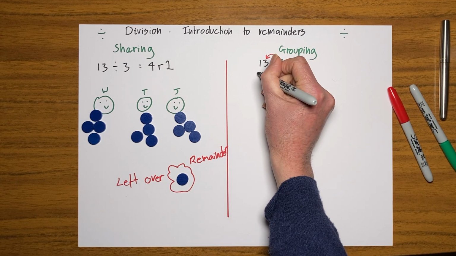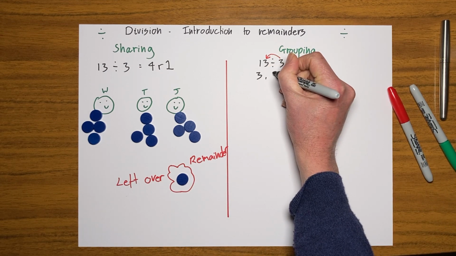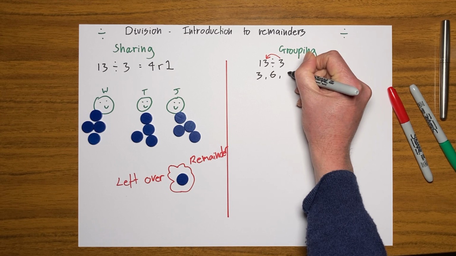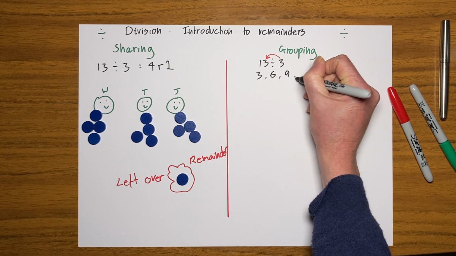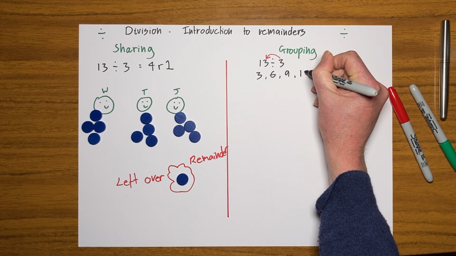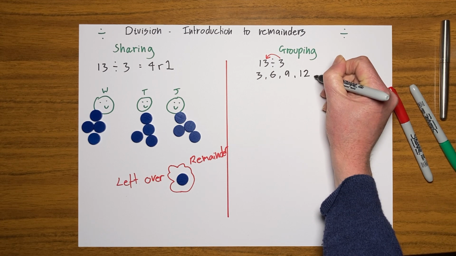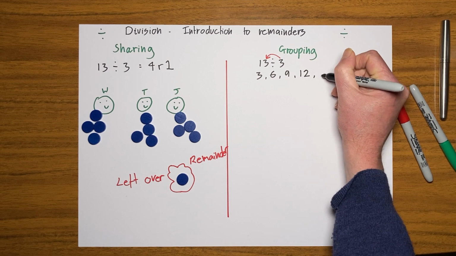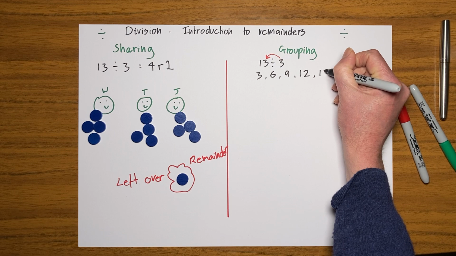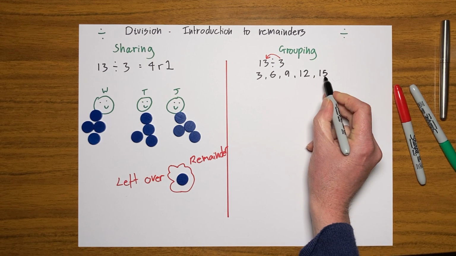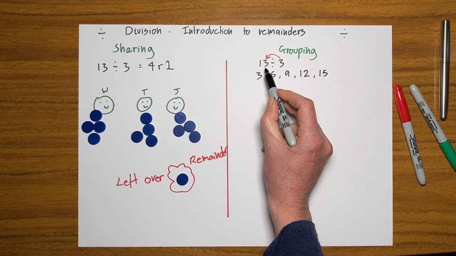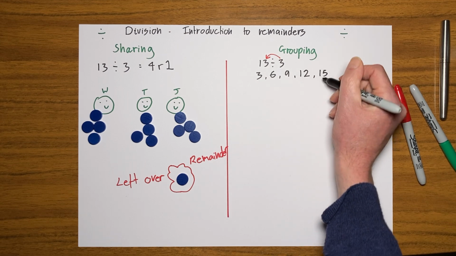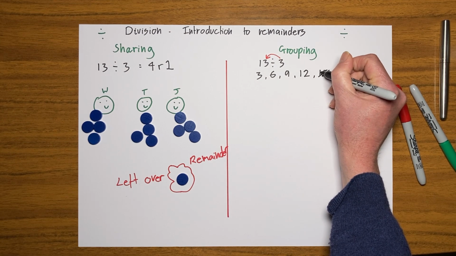So I'm going to go 3, 6, 9, 12. Well, if I carry on, I'm going to get to 15. But I can't go up as high as 15 because I only started with 13. So I'm going to have to stop at 12. So let's cross that out.